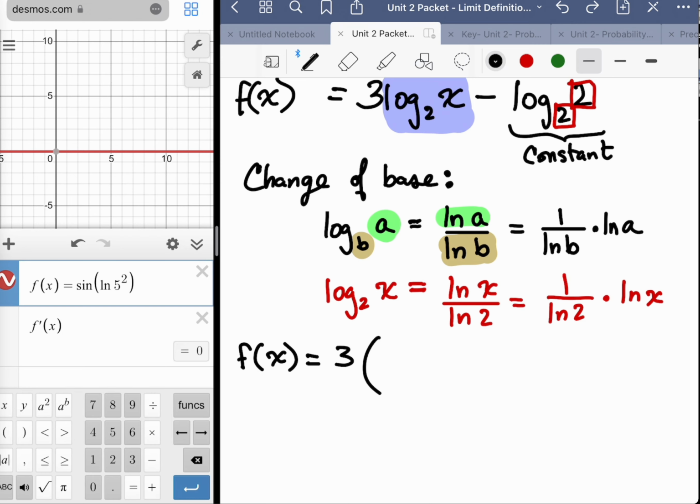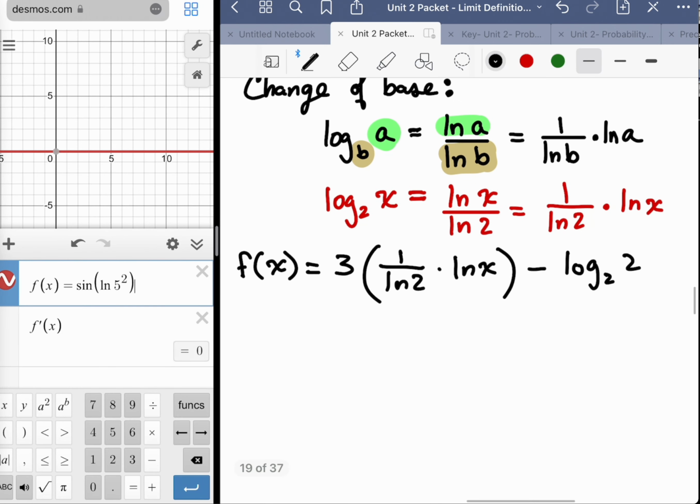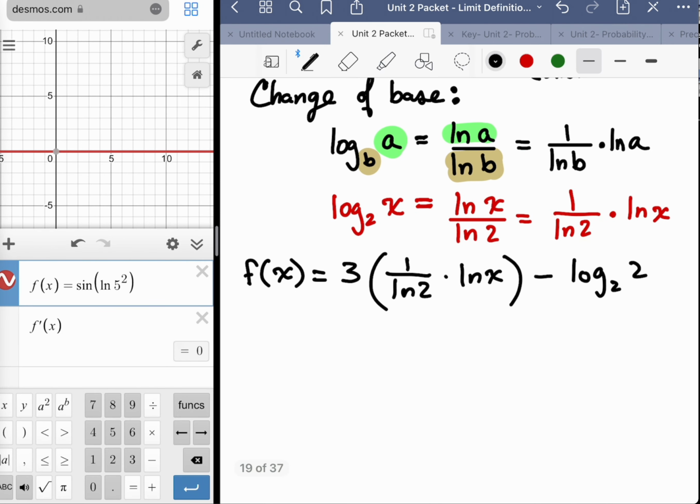So I'm going to replace the log base 2 of x with 1 over ln of 2 times ln of x. We can clean it up a smidge, not a whole heck of a lot, but this would become 3 over ln of 2 ln of x minus log base 2 of 2.